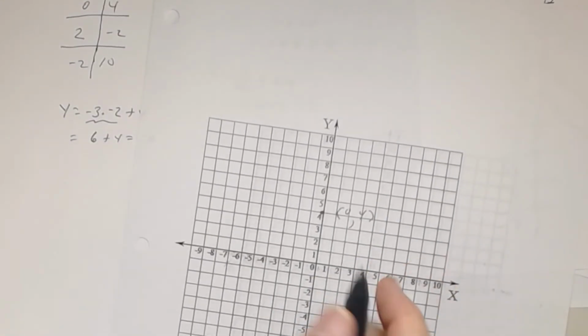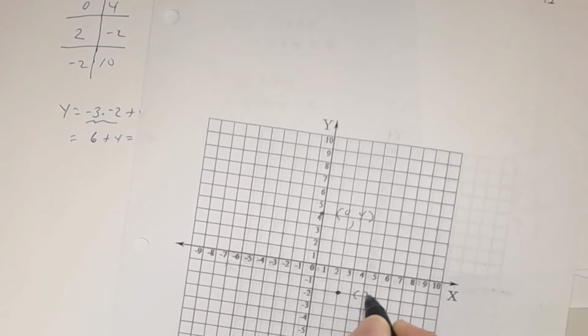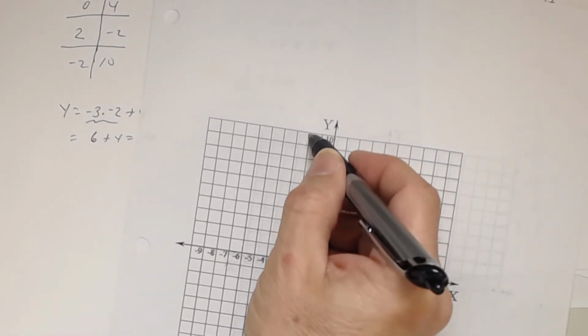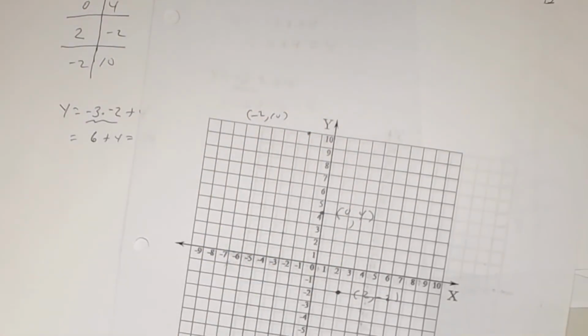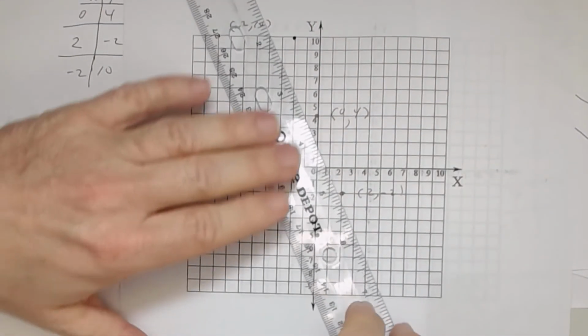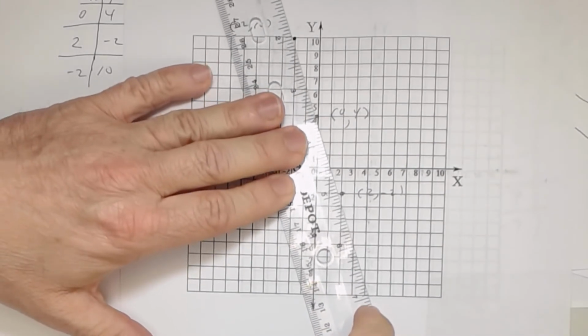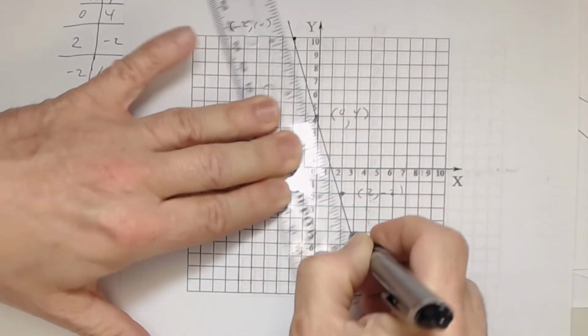All right, 2, negative 2 is in the fourth quadrant, so that's here. And then negative 2, positive 10 is in the second quadrant, so that's here. And then you use your ruler to graph this.